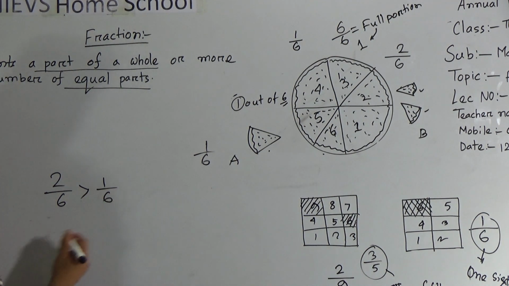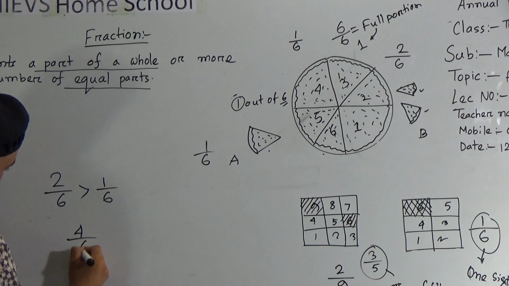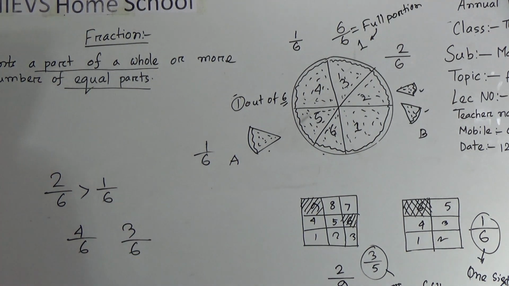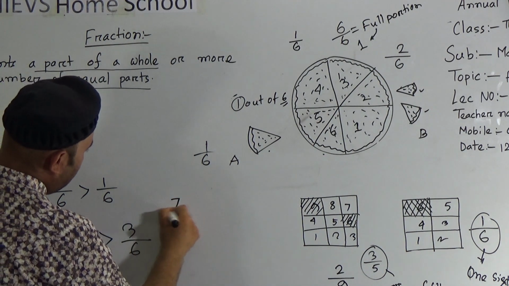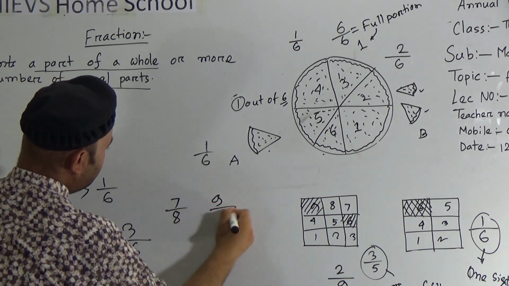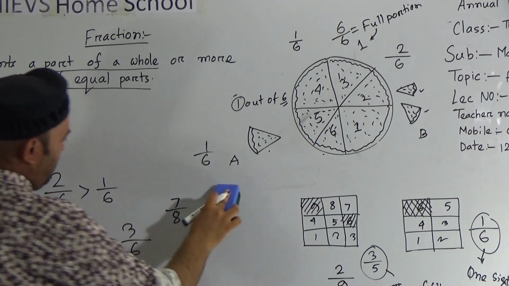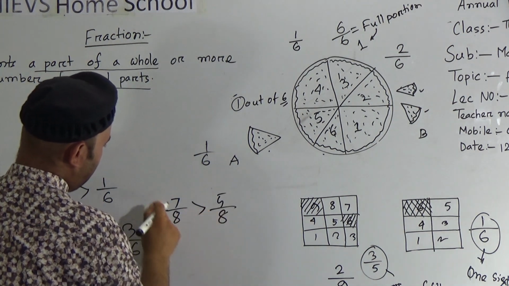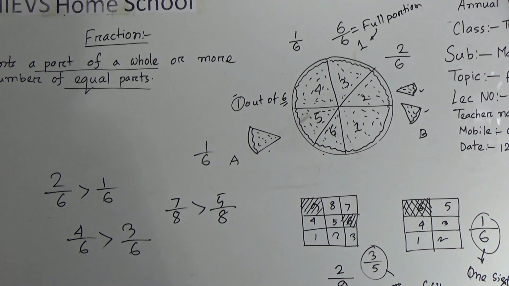If I write 4 out of 6 and 3 out of 6, which one is the biggest? Here 4 is the biggest part. Similarly, if here is 7/8 and here is 5/8, then 7 is the bigger number and 5/8 is the smaller fraction.